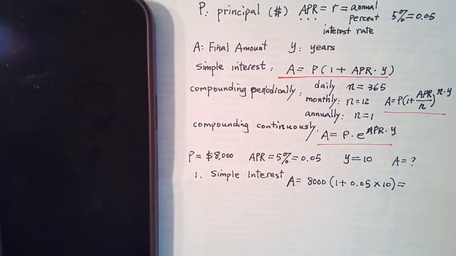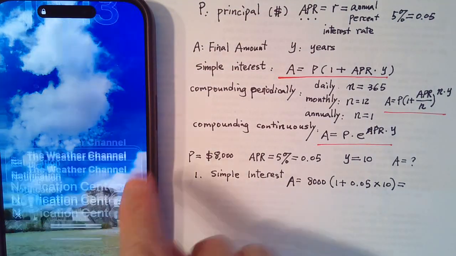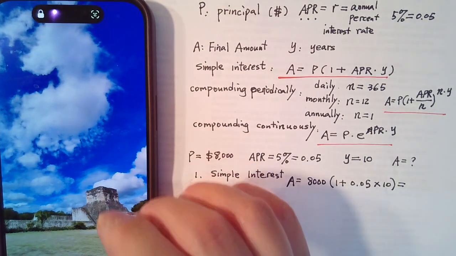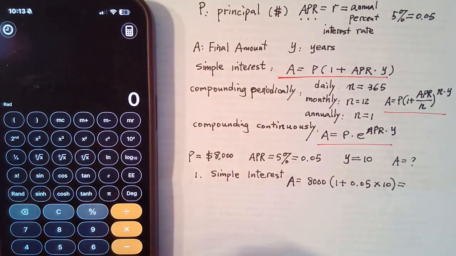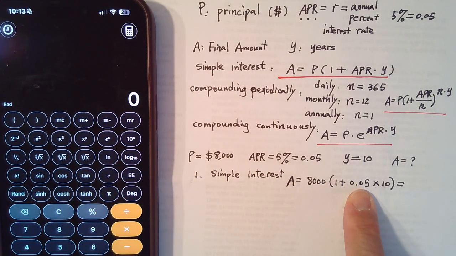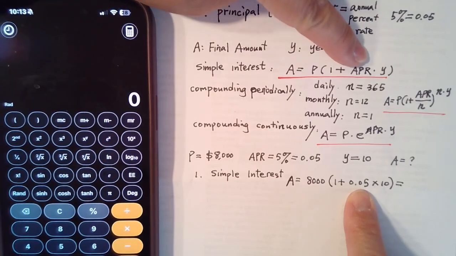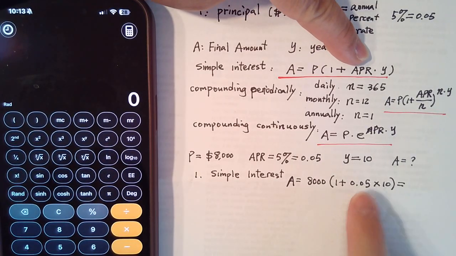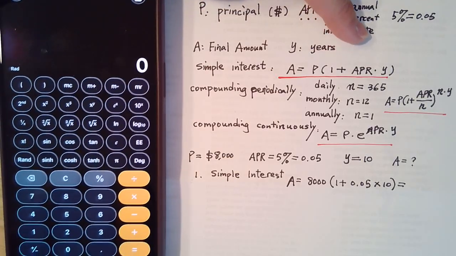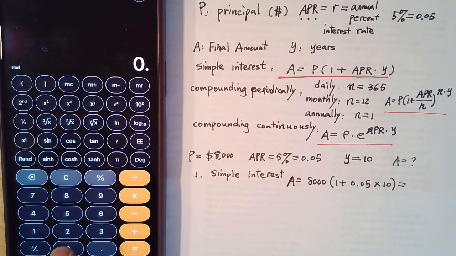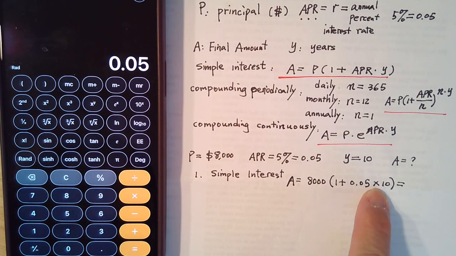Let's see how that is. And I'm going to show you how to do this in the calculator. We always start from this APR when you plug the number in the calculator. See, APR is 0.05. So on my calculator, you do 0.05 times 10.